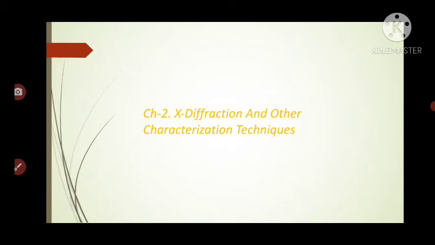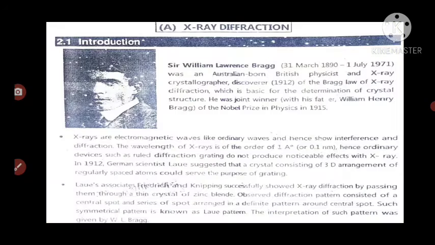Starting from the first point, X-ray diffraction, we first want to consider what is meant by X-ray diffraction and how X-rays are produced. A small introduction: the scientist is Sir William Lawrence Bragg, who lived from 31 March 1890 to 1 July 1971.